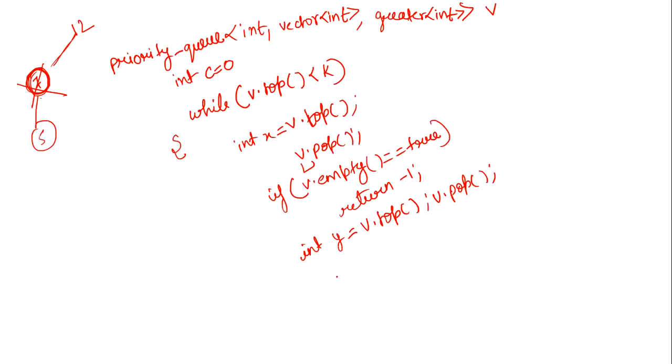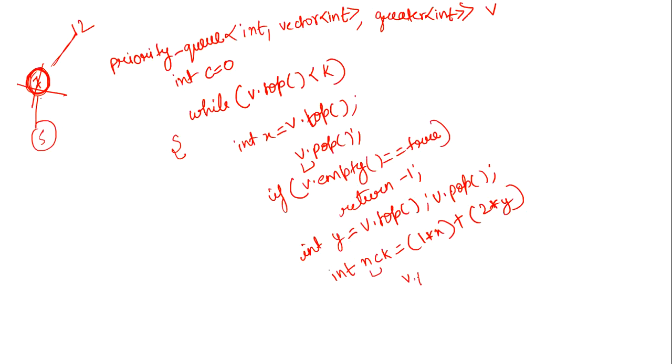Now what we have to do is simply apply the formula given to us. So we have new cookie equal to 1 into x, and then 2 into y. So x is holding the least value and y is holding the second least value. And now this variable that is holding the operation result, we have to simply insert into our priority queue.